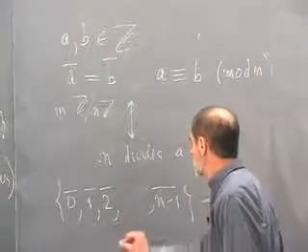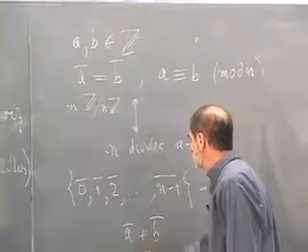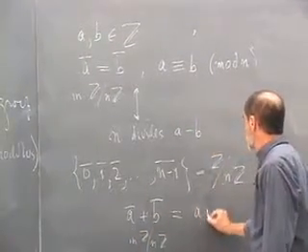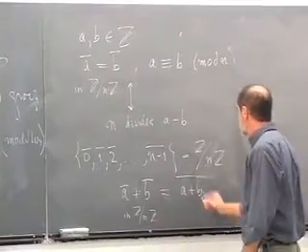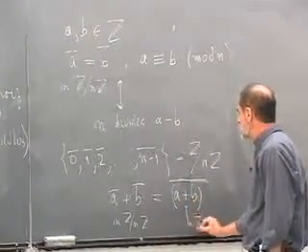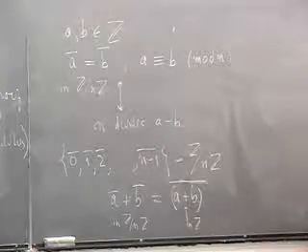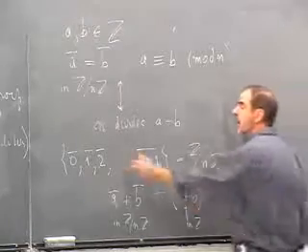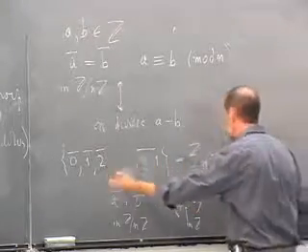So a bar plus b bar in Z mod NZ is equal to a plus b bar. Namely, add them in the integers, and then take the remainder after reducing mod n. And this gives the structure of a group on this set of n elements.